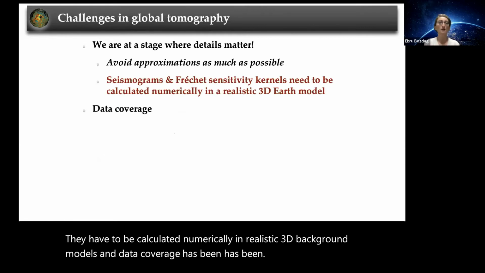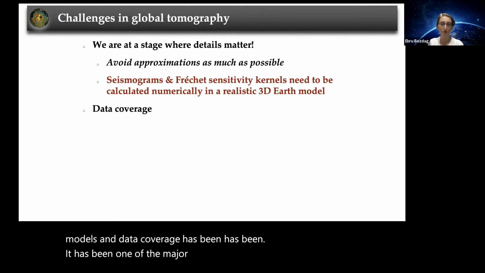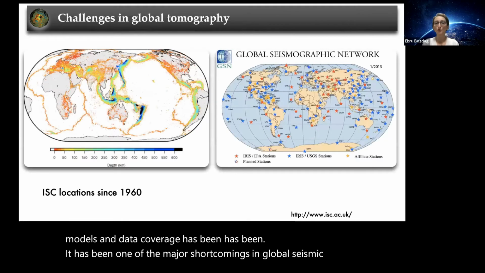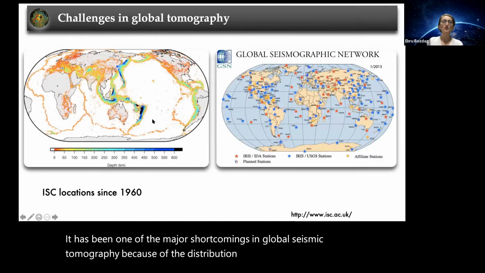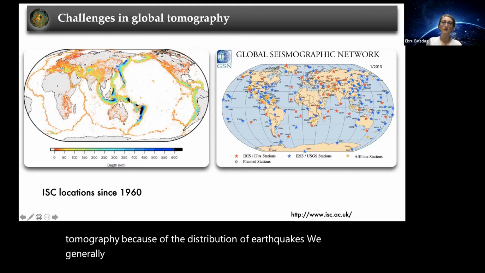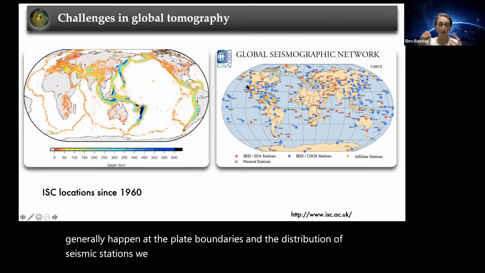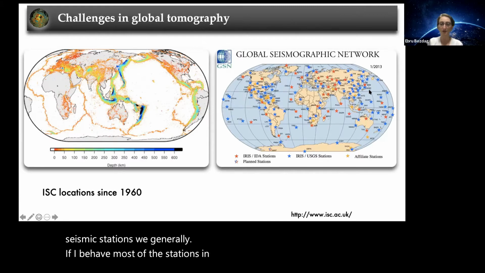one of the major shortcomings in global seismic tomography because of the distribution of earthquakes, which generally happen at the plate boundaries, and the distribution of seismic stations, where we have most of the stations in the continents and in the northern hemisphere.